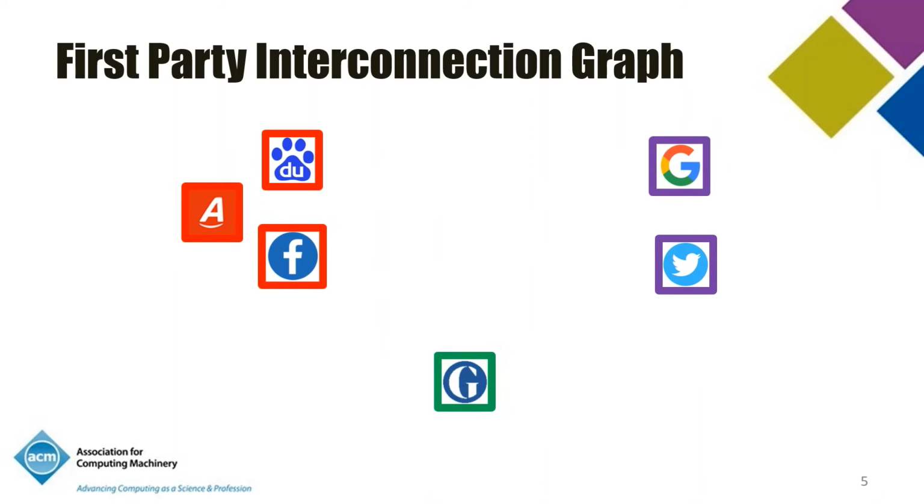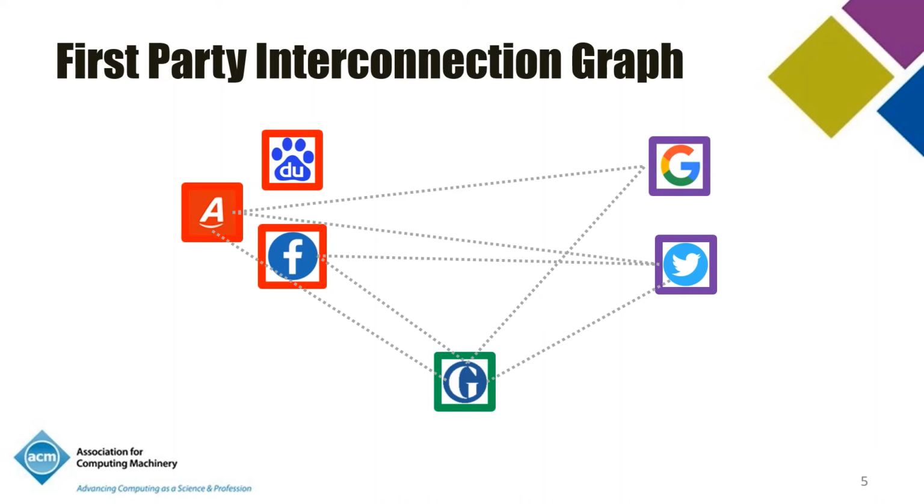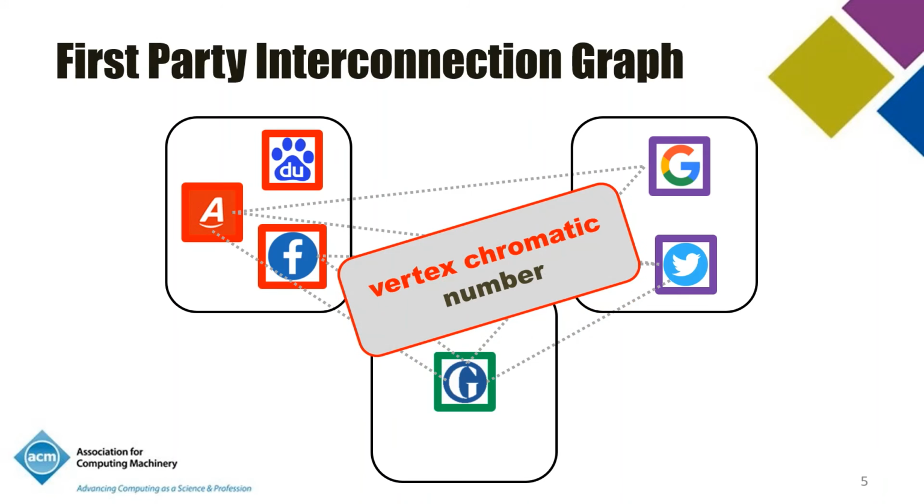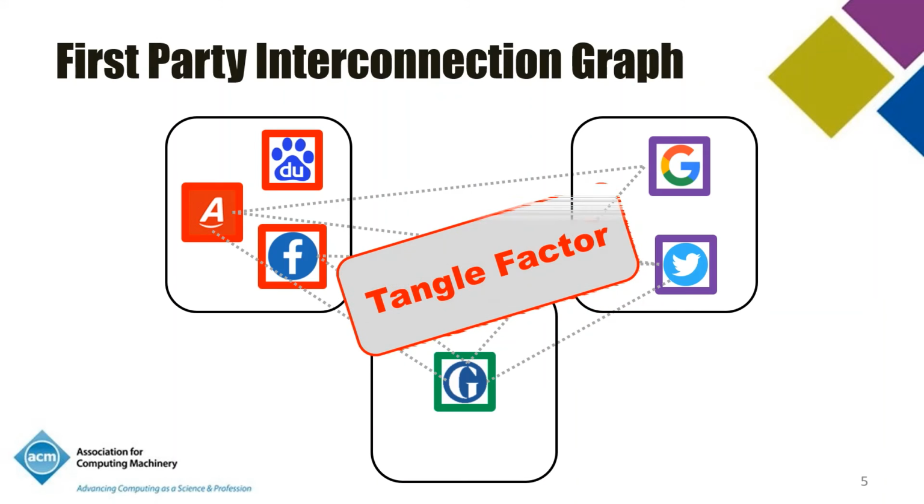In such a case, no interconnections will be built in each container, and no connections across different containers will be allowed. So the minimum number of colors needed to color this first-party interconnection graph is its vertex chromatic number, and in this paper we call it tangle factor.